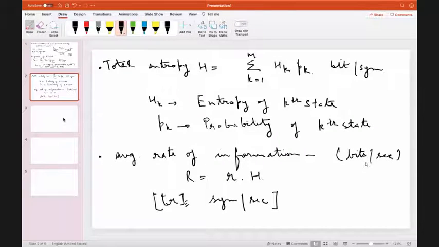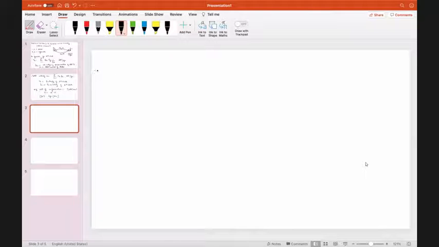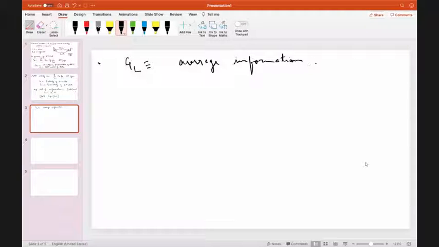Then there is another quantity which we evaluate in Markov models, and it is given as capital GL. The terminology used for it is average information content per symbol.